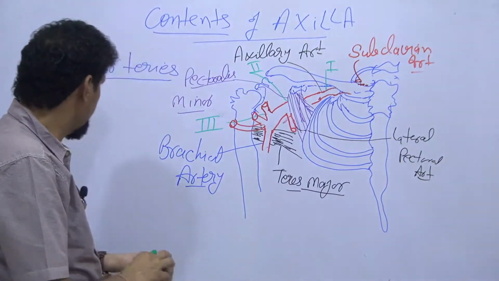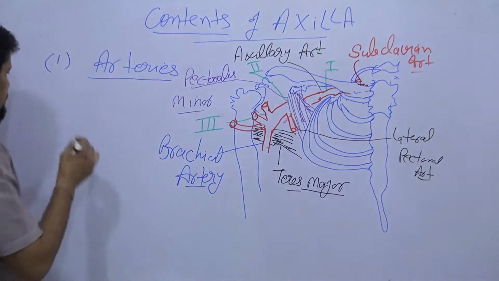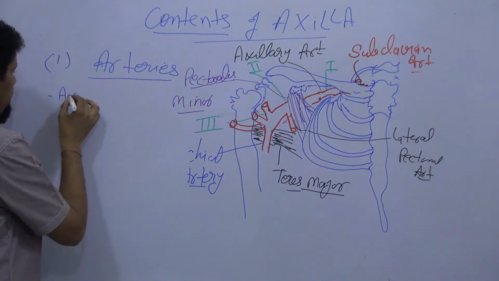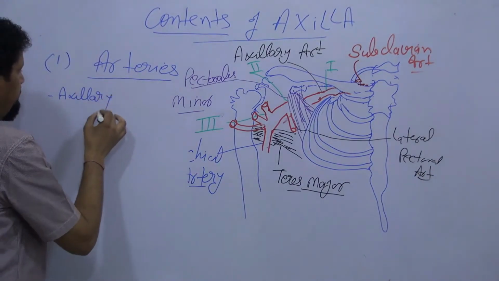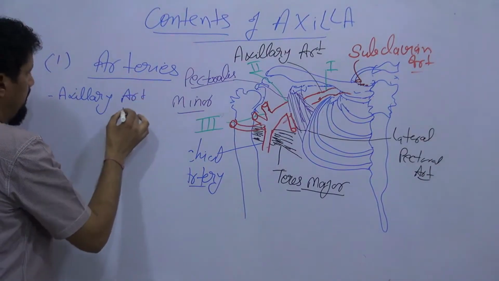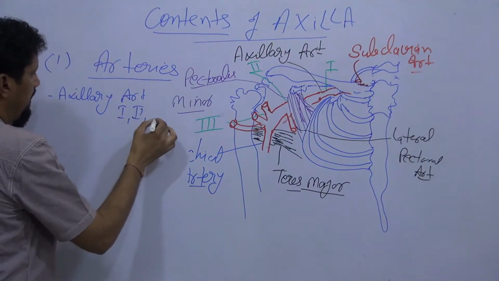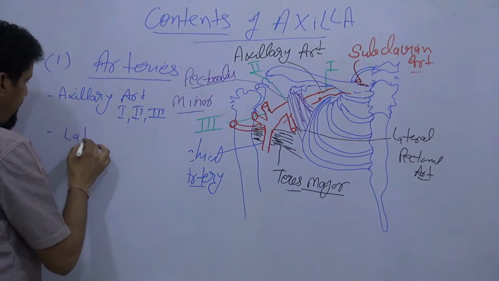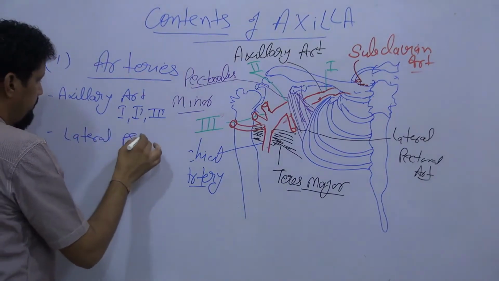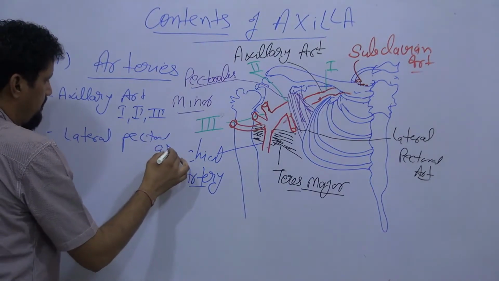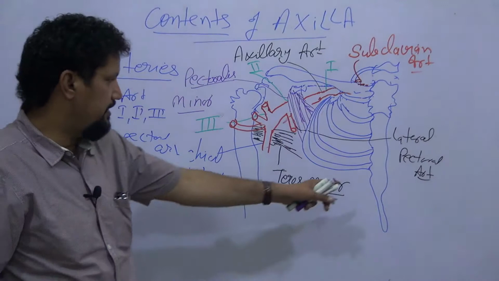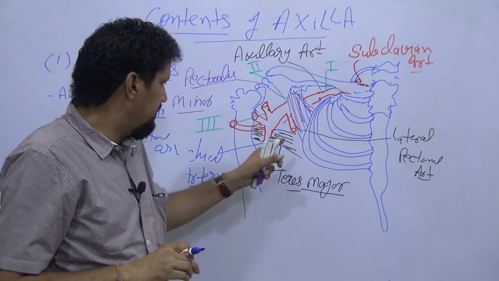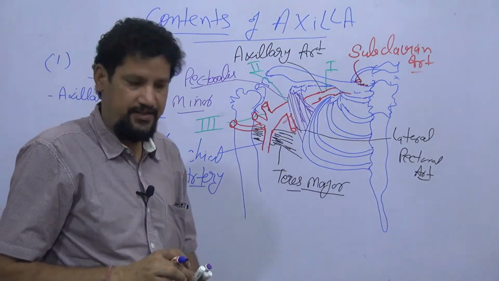These are the axillary artery and first, second and third parts, the lateral pectoral artery, this artery is enlarged and very well developed in females to supply the mammary glands or the breast.